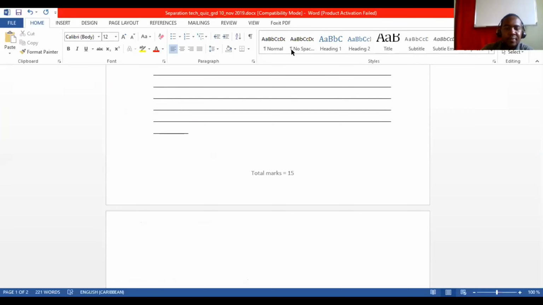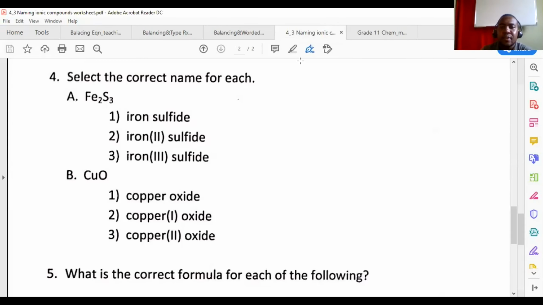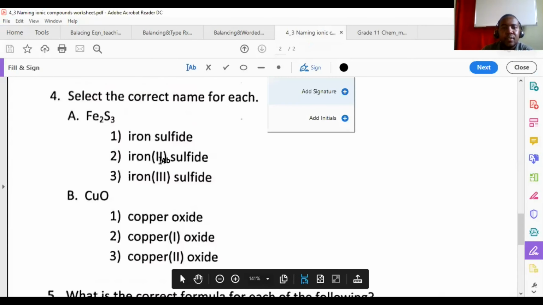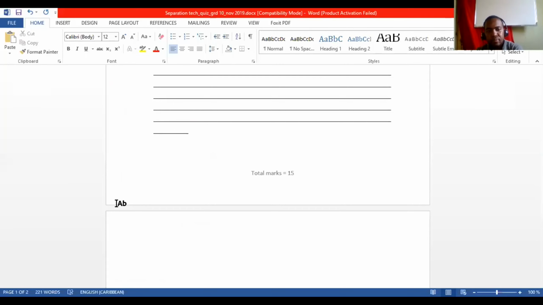How do we know which charge it was? The charges are switched. So whatever the subscript of S is, that was the charge for Fe. S is 3, so that means Fe was 3. And then the next one is CuO: copper 2 oxide.